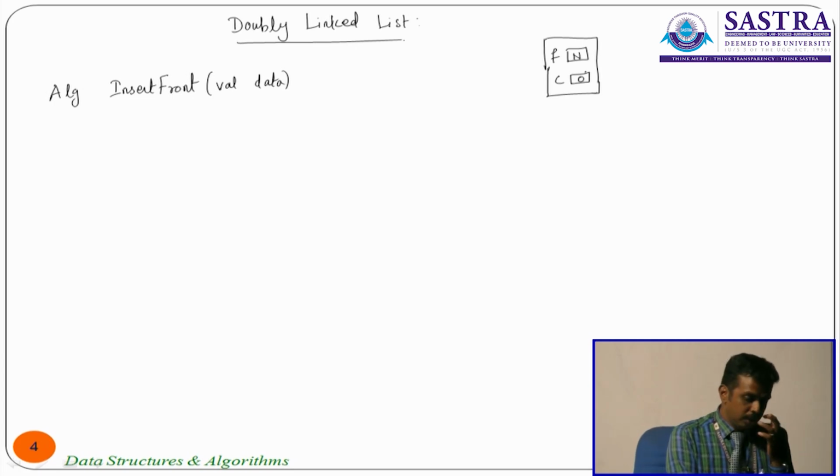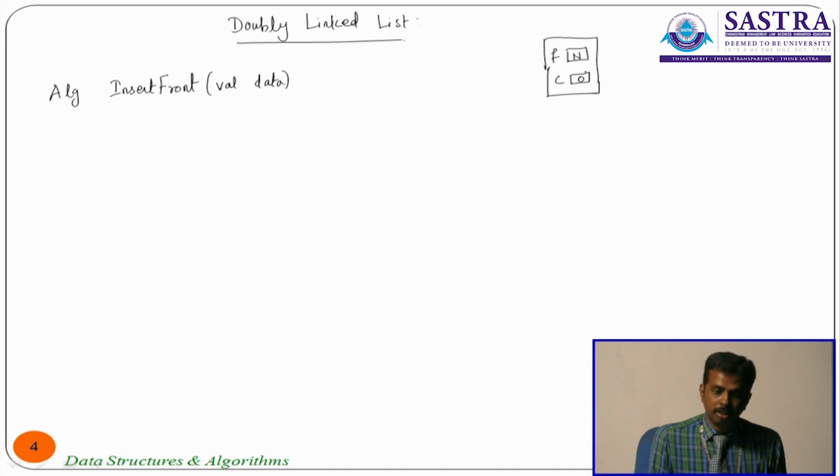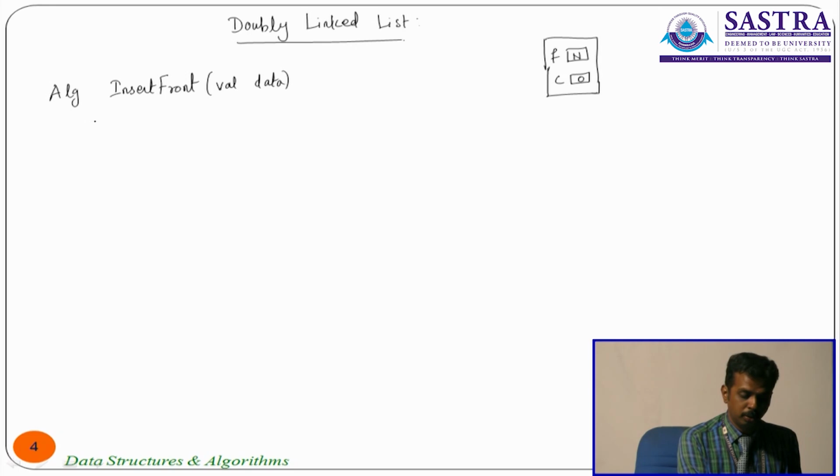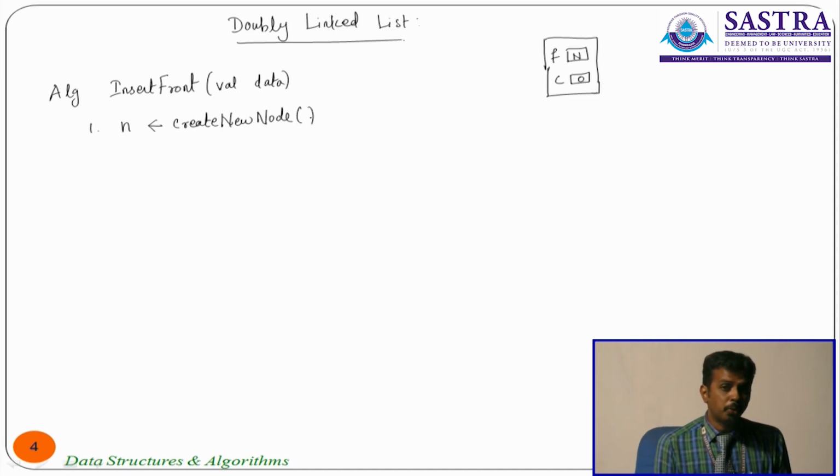Okay. So, in the insert front, the first step is what? We have to create a new node. So, n equal to create a new node. It means that it will create a new node of the doubly linked list, not the singly linked list node.